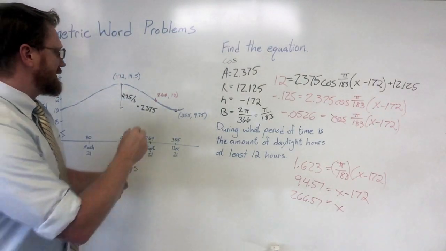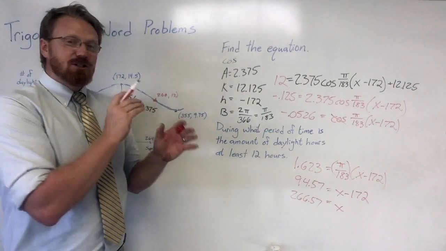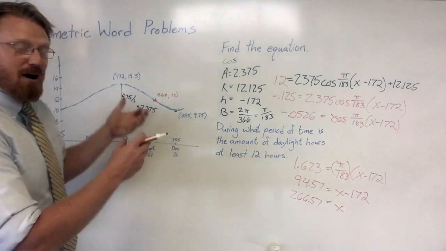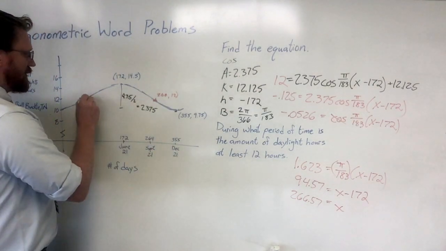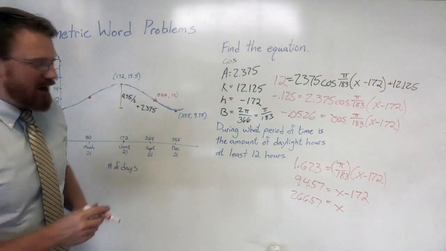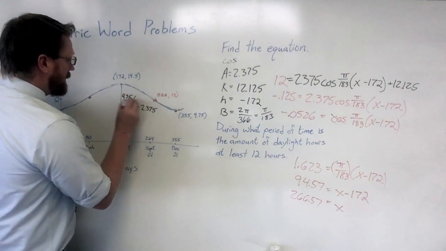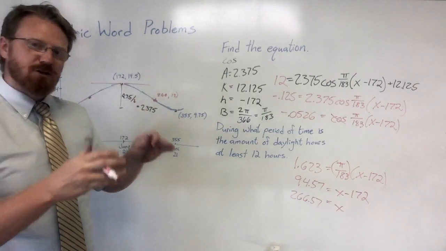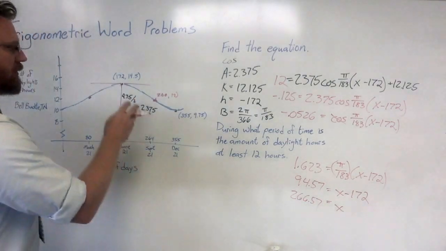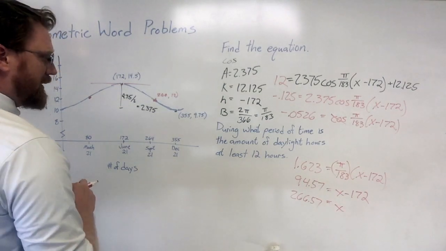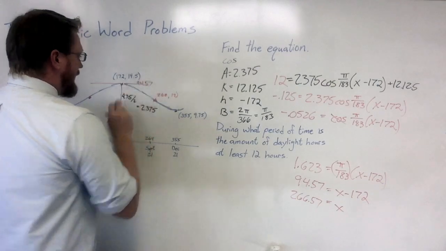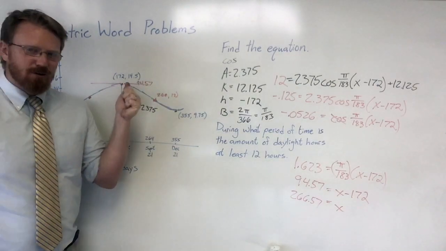Now I realize that that's only one time a year where it's actually 12. If I need the amount of daylight hours at least 12, above 12, then I realize it's going to happen again over here. The easiest way to do that is to calculate how far you are from your crest and simply mirror that, because there's a very symmetrical bell curve here. So how far away am I? That would be 94.57 days from my crest, my most daylight hours.